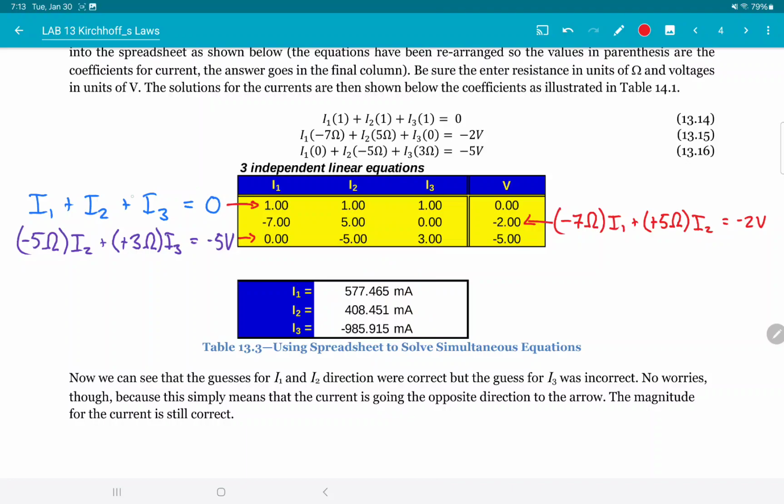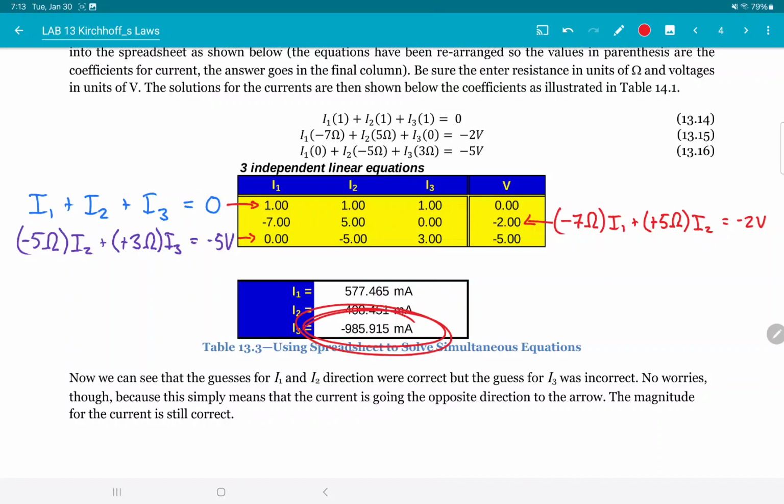But going back to our junction rule, we said all 3 of these were positive because all 3 of them are going towards that node that we picked to be our independent node. Well, down here we can see that one of those calculated out to be a negative current.